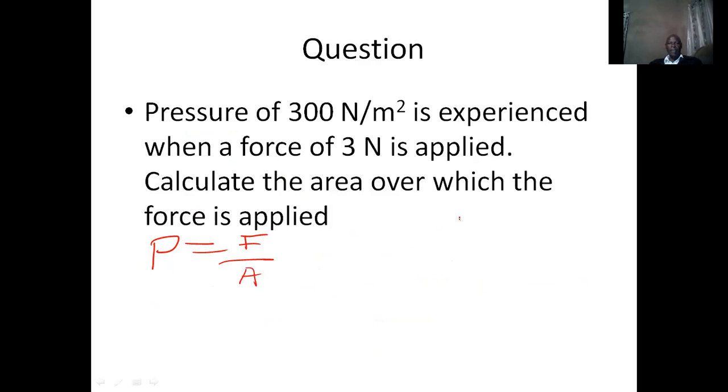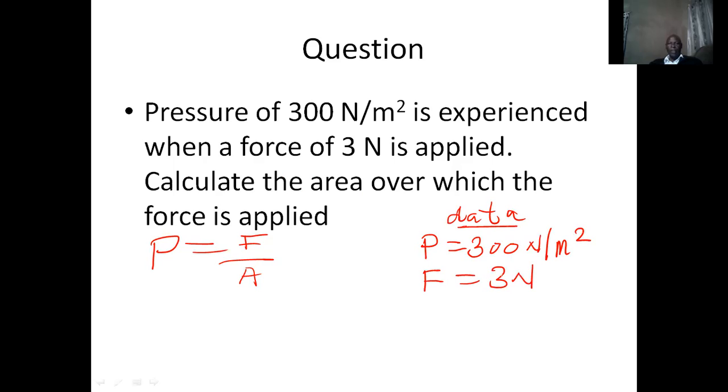Based on the data we are given, pressure is equal to 300 newtons per square meter, and the force is equal to 3 newtons. And we are told to calculate the area.